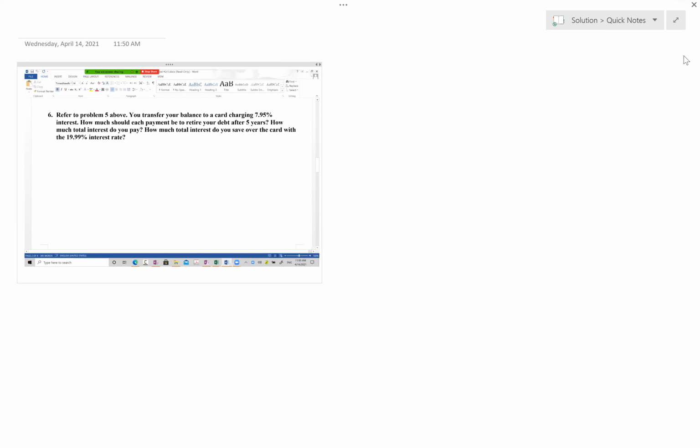You also need to consider that. Sometimes the transfer fee is very low. Then if your savings are a lot, it makes a lot more sense to switch. If the transfer fee is high, then sometimes it's not even worth switching to the new credit card company. But let's see how this goes.